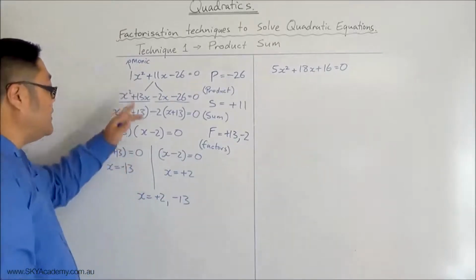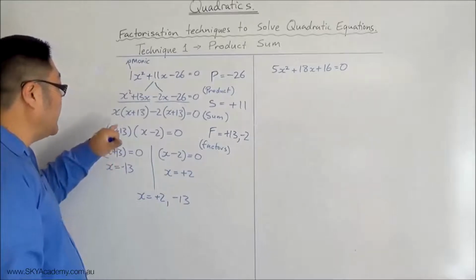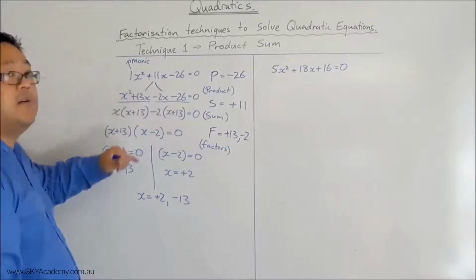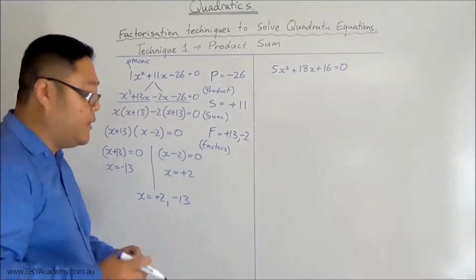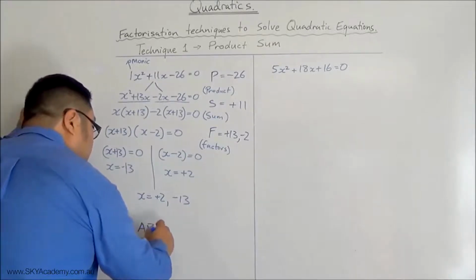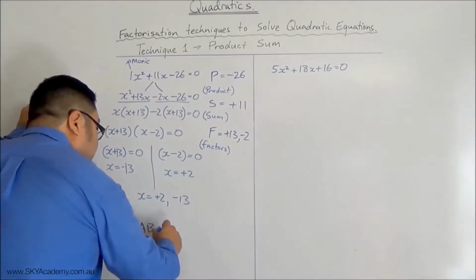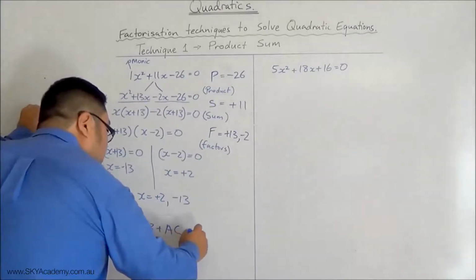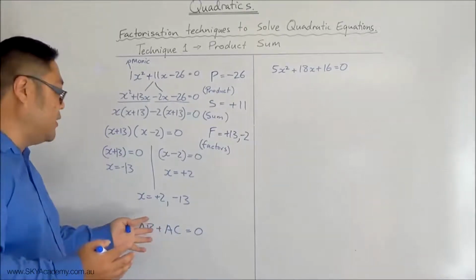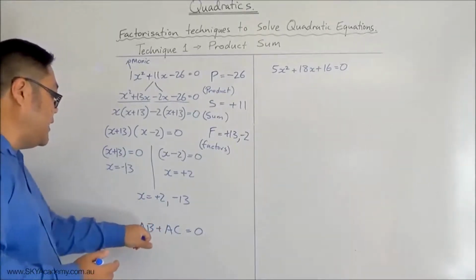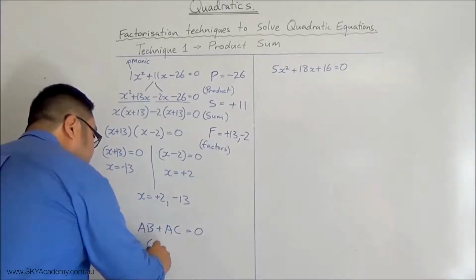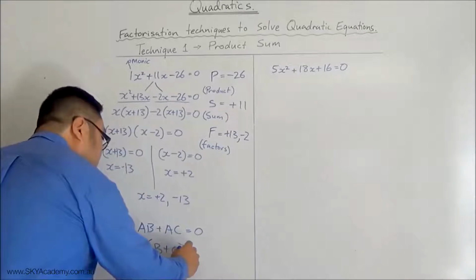Oftentimes people get stuck with what's just happened here, so let me quickly go through. When you've got ab plus ac equals 0, we can apply what we call the commutative law, which says that a gets taken out and b plus c is what's left.